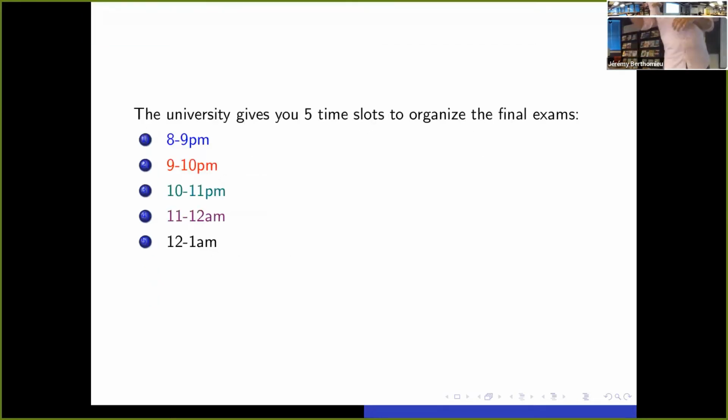And the university gives you 5 time slots to organize the final exams: 8 to 9 p.m., 9 to 10 in red, 10 to 11 in green, 11 to 12 in violet, and 12 to 1 a.m. in black.